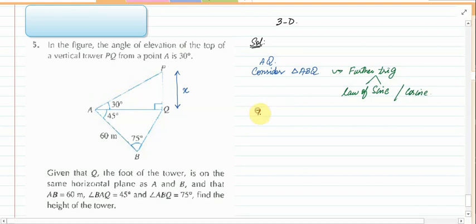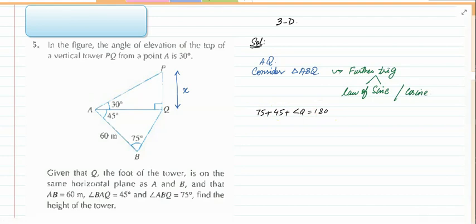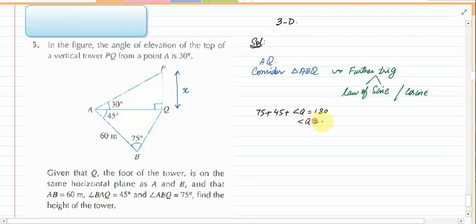So 75 plus 45 plus angle Q is equal to 180. So 75 plus 45 is 120, 180 minus 120 is 60. That means angle Q is 60. On your figure we say that this angle is 60.